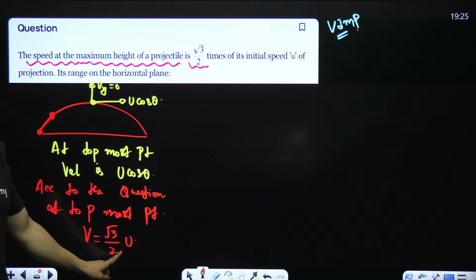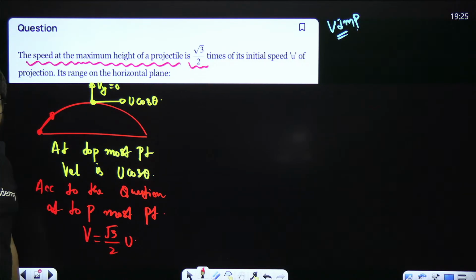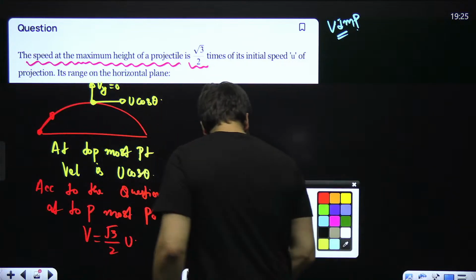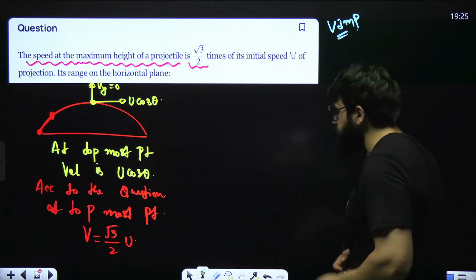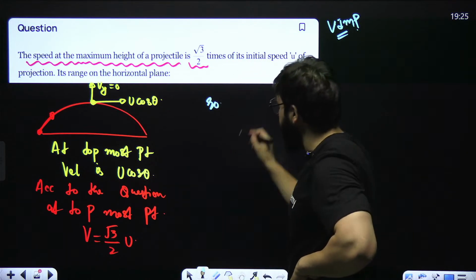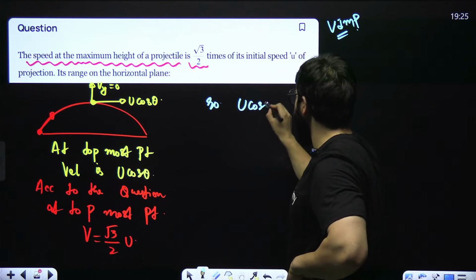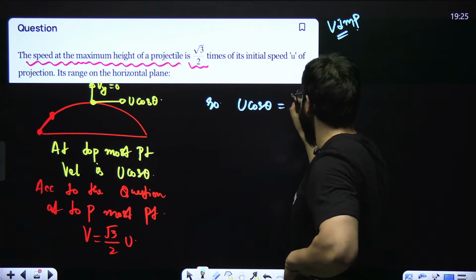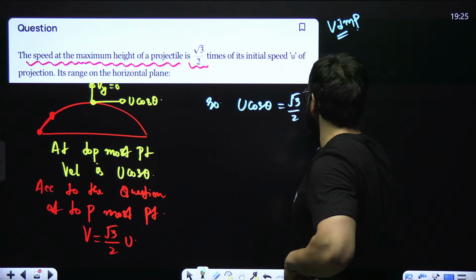This is according to the question. This is according to the concept. Don't you think that we can equate both the two equations? So I can say in this particular case, u cos theta will be equal to root 3 by 2 times u.